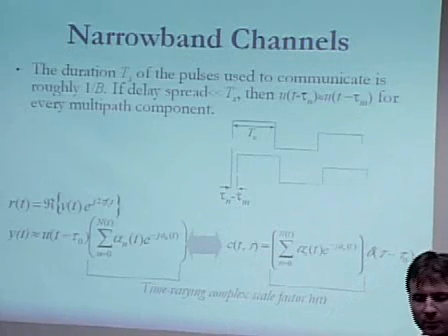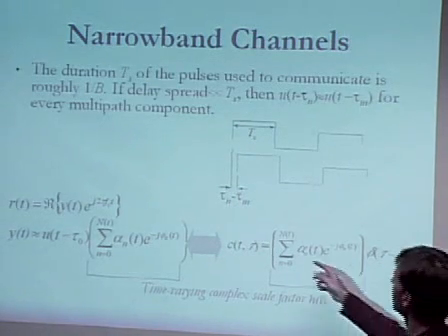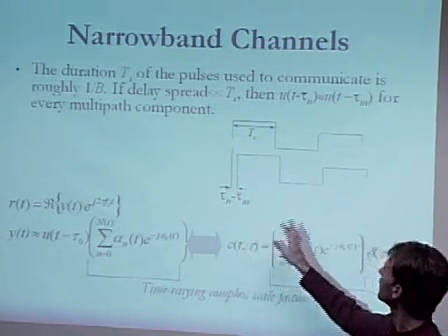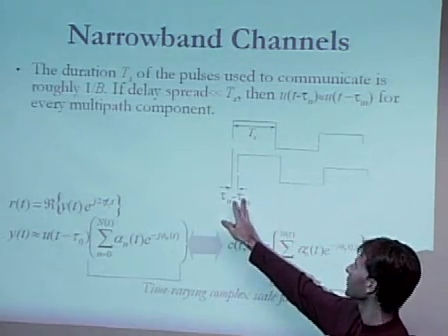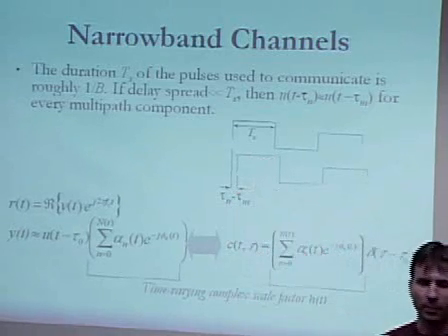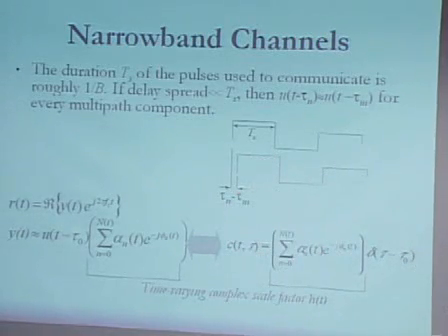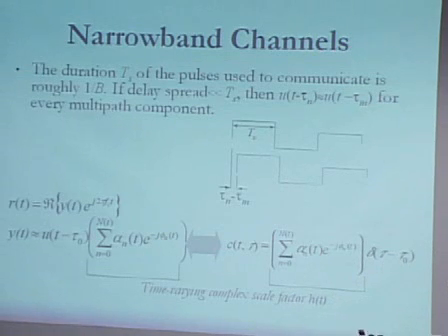If I say the difference between any two has to be small, the addition of this can be very large, so we could be in a non-narrowband situation. So a precise way to say it is that the difference between the first and the last, which are the extremes, has to be small relative to Ts. Okay, good point. So as long as that condition is satisfied, we'll have minimal or acceptable distortion, and we can say that the channel is narrowband.